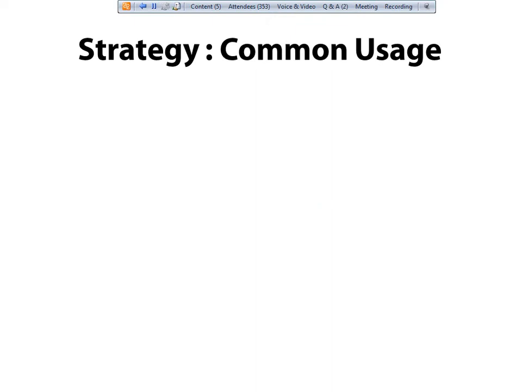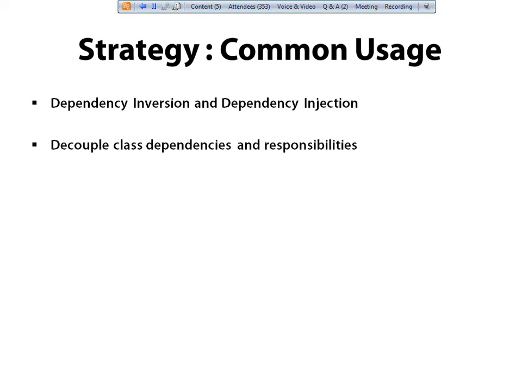So in terms of common usage for the strategy pattern, you'll see it frequently used for dependency inversion and dependency injection, and I'll show you those topics in just a moment. You also will see it used to decouple class dependencies and responsibilities, pretty much by using dependency inversion and dependency injection.